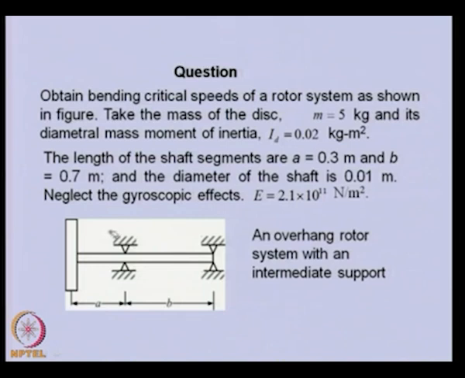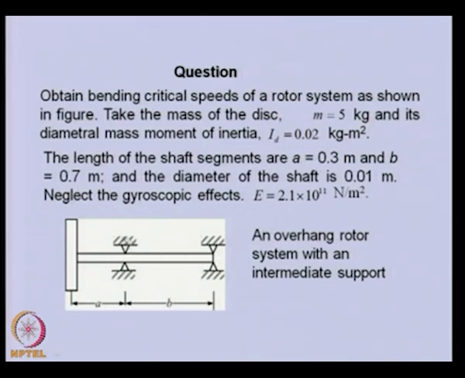So, the main focus of this example is how we can handle the boundary condition at this intermediate support. We will see that there is some difference in the conditions between this support and this support, which creates some problem in transferring the state vector of the rotor from this side to the other side.